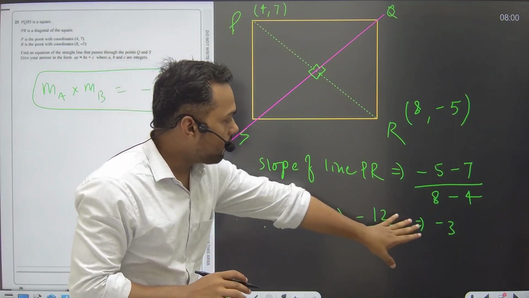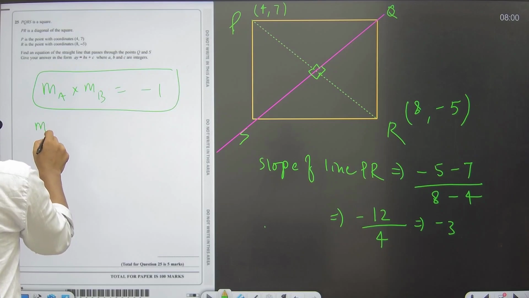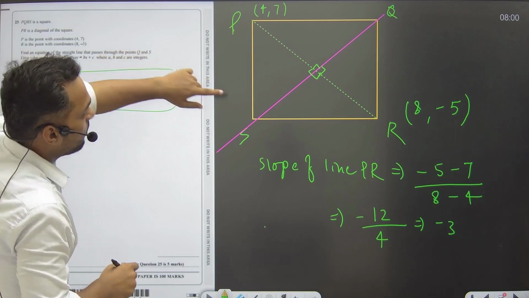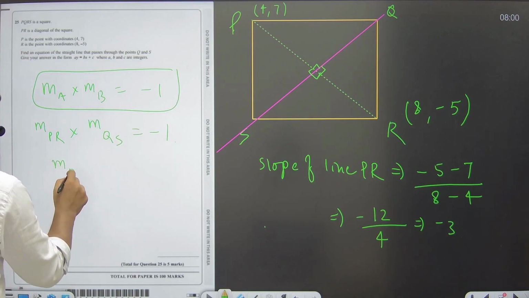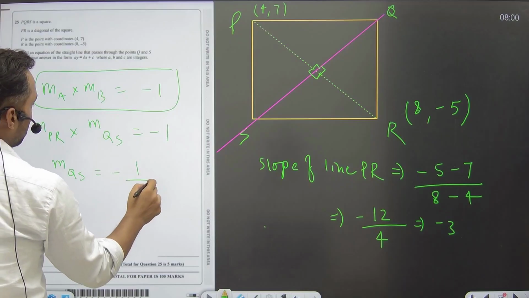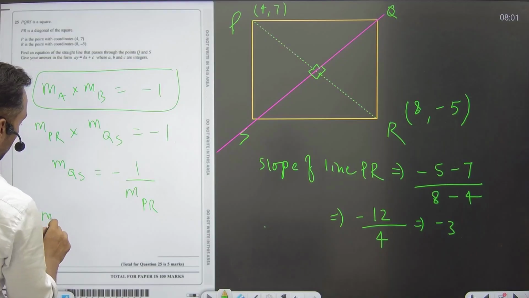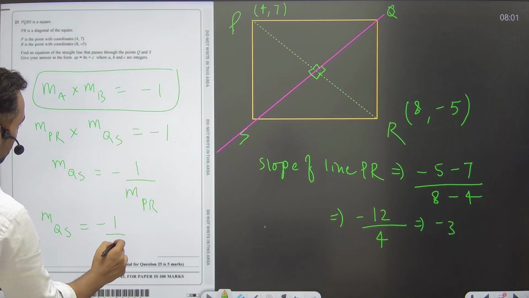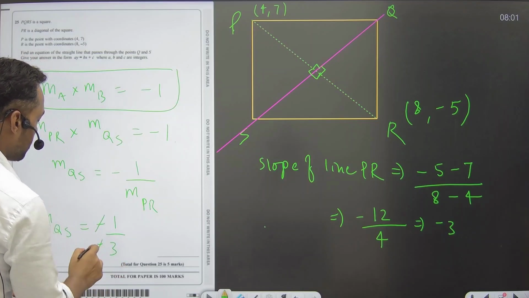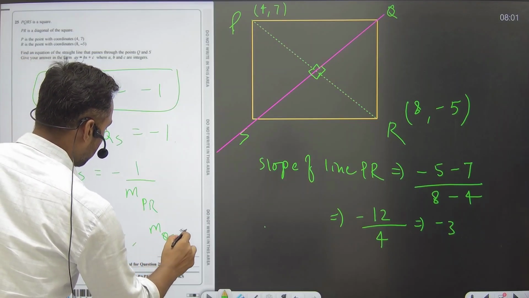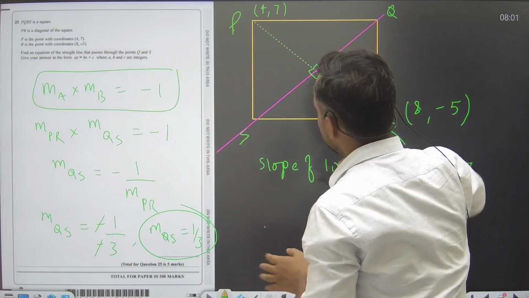For line PR we have got the slope -3, so slope of PR cross slope of QS equals -1. So slope of QS is equal to -1 upon slope of PR, which is -1 by -3, so we have got the slope of QS as 1/3. For this line we have got the slope.